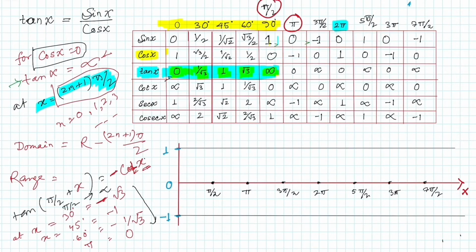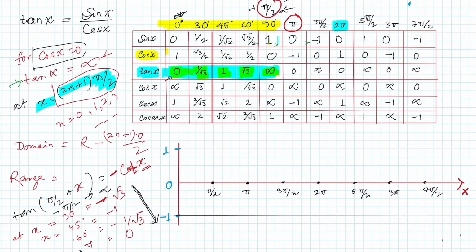Okay, so from x is equal to 0 degree to pi by 2, it is increasing from 0 to infinity. Then again from pi by 2 to pi, it is decreasing towards 0.